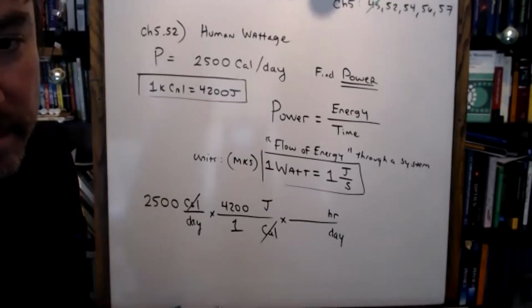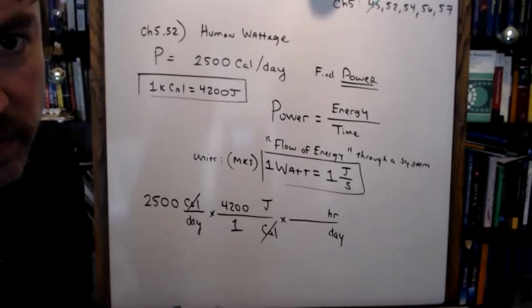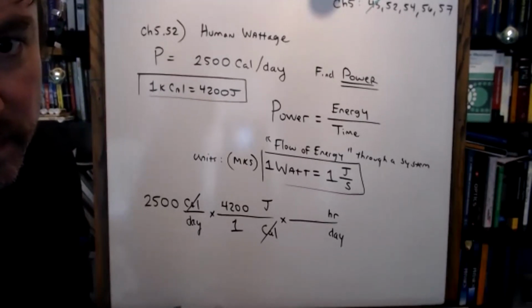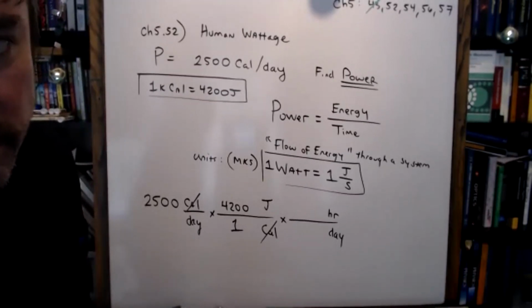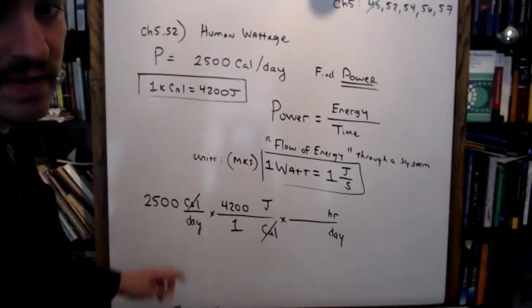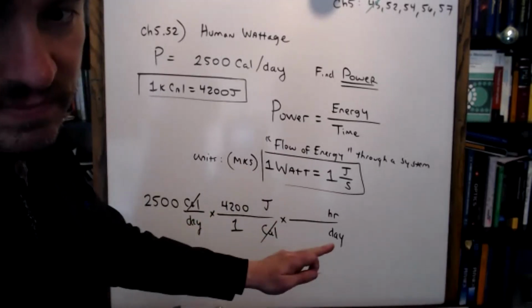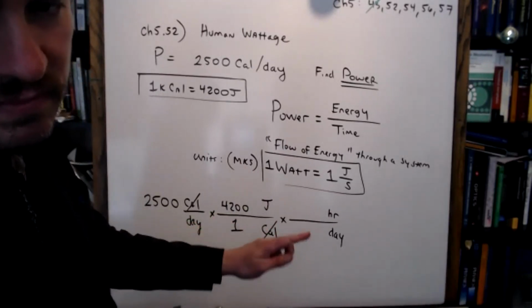Gianna, do you have a problem? Should day be on top and hour on the bottom? Who said that? That was me, Paul. Oh, Paul. Can you explain that? Because I'm not sure everyone followed that there. The reason you want to do it is you want to cancel out that unit. To do that, one of them has to be on top, the other one has to be on the bottom.